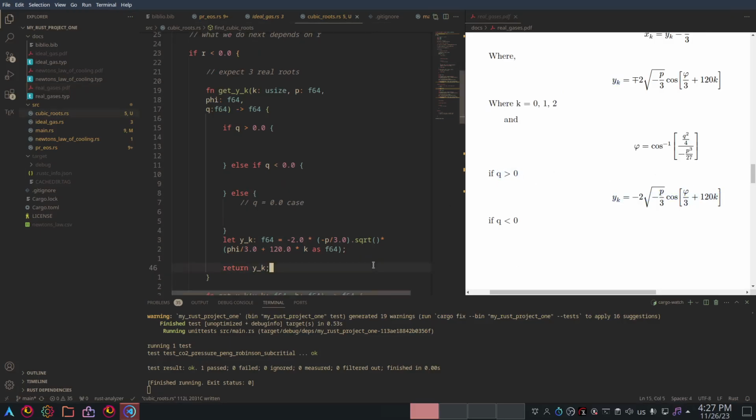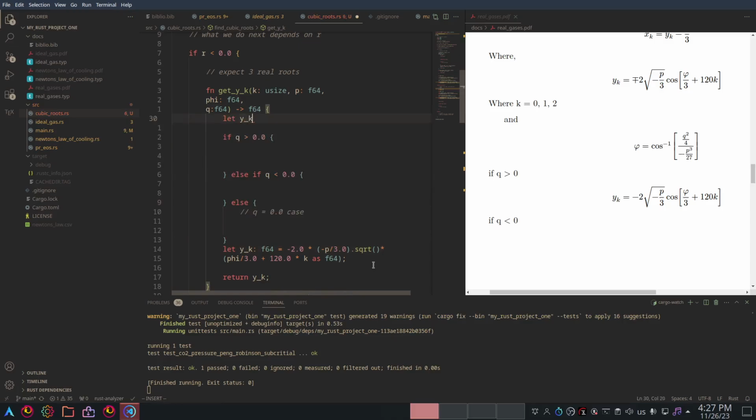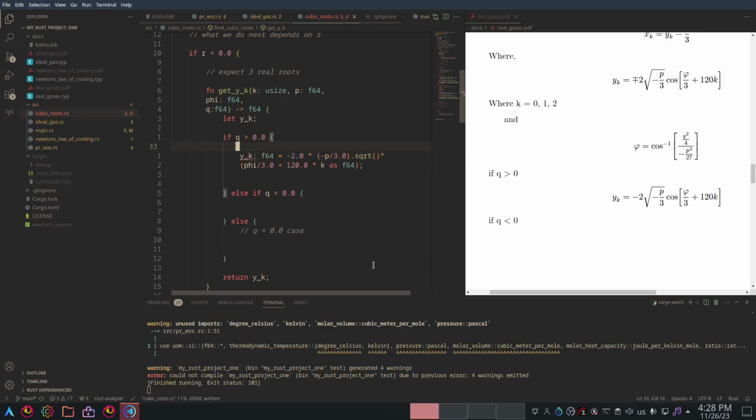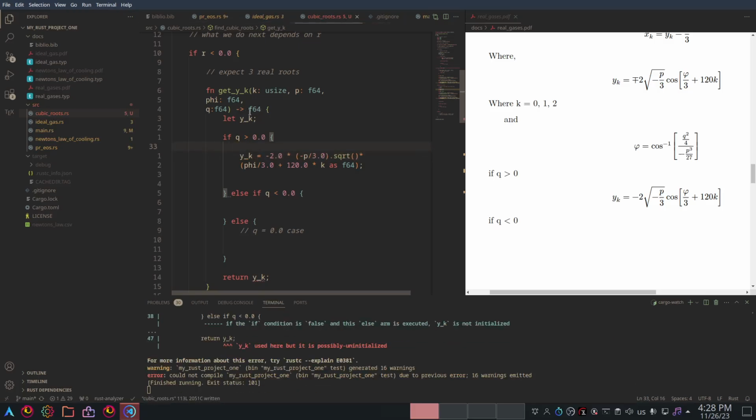So if q is less than 0, we indeed have this thing. So I'm going to do a let yk here, and now I'm going to paste this at the q more than 0 case. So basically, I'm defining yk over here, and then based on the case, yk equals some values.